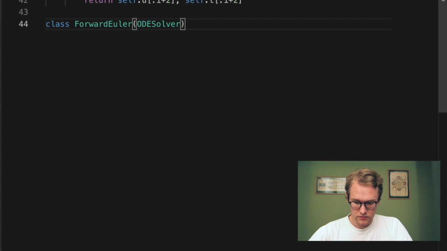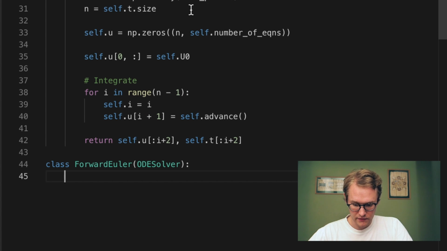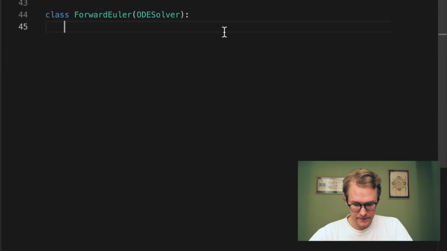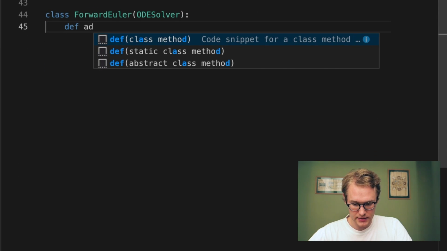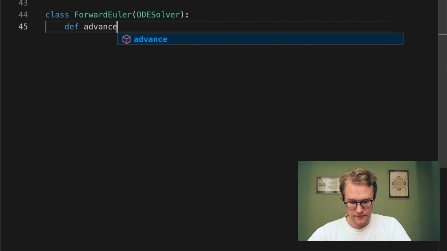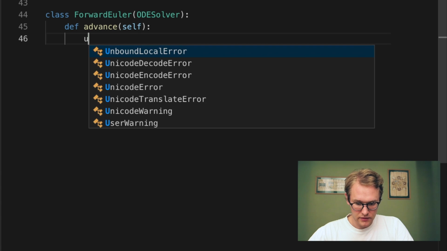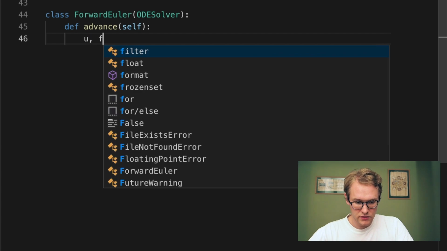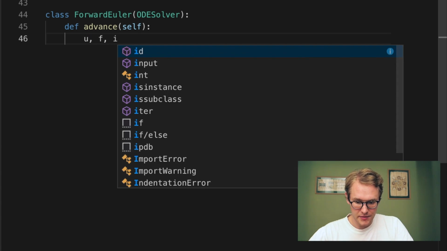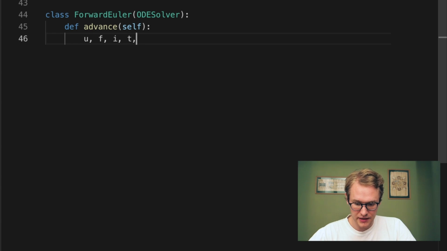There we go. So it inherits from our guy above here, and the only thing we need to implement is the advance method. So what it does, we have solutions, we have a function, we have some time step and the entire time array.